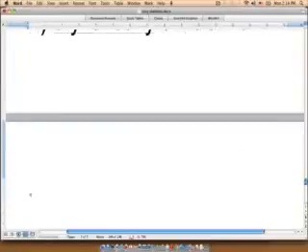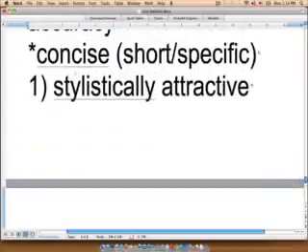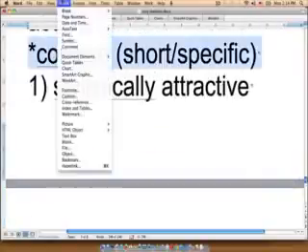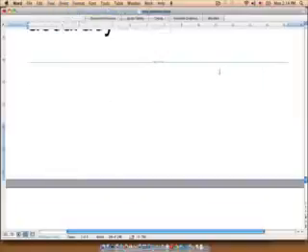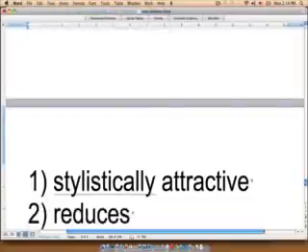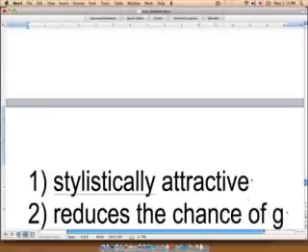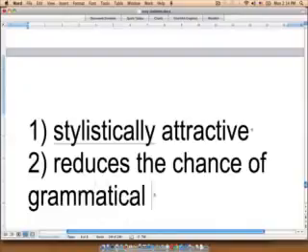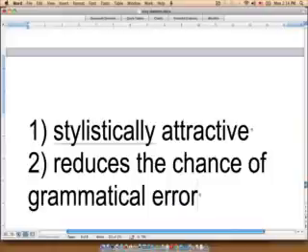The second reason I recommend students write concisely is because it reduces the chance of grammatical error. Okay.